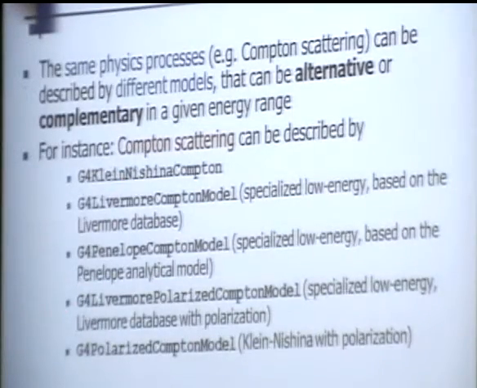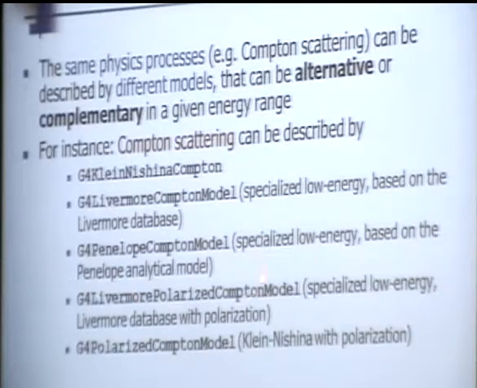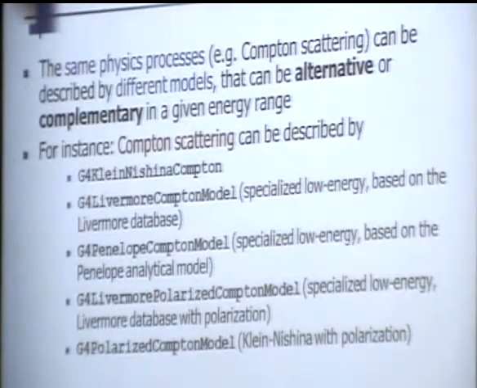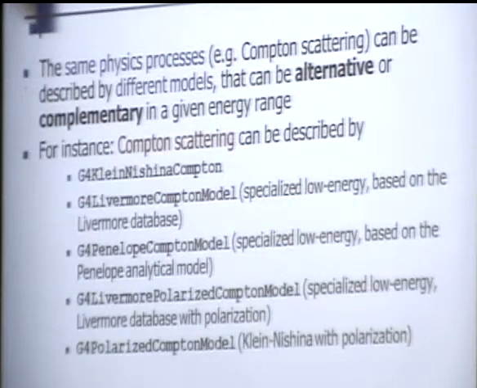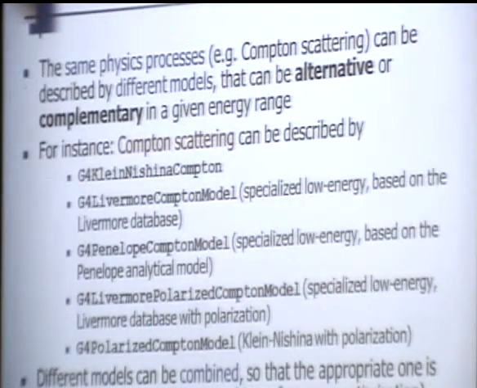In this case, you need more complicated models which take into account the fact that the electrons are bound, that they are not at rest. These models are more complicated and slower, but they are better at describing the low energy part of the process. So you want to use them if you really care about 50 keV or 100 keV, or you care about the polarization of the photon.